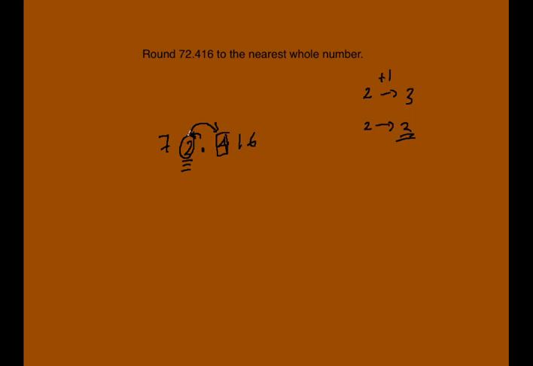The number to the right of 2 is less than 5, so we will not add 1. That 72 will stay the same. We will not make it 73, because the number to its right is less than 5. And we always drop the numbers to its right. So the final answer here is 72.